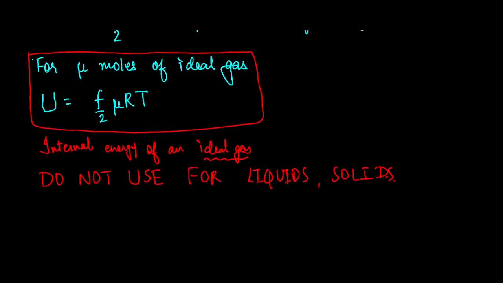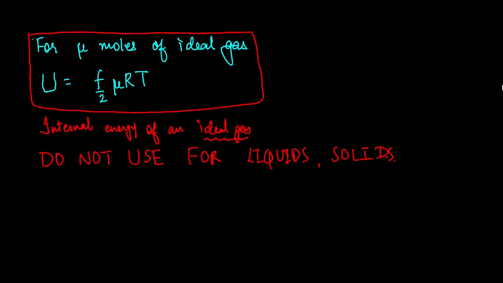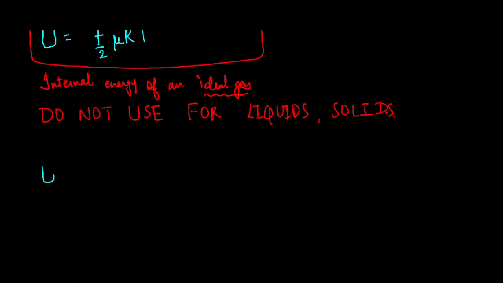Now this is for an ideal gas, so let's convert this formula to another form. The formula is U equal to f by 2 mu RT. Now from the ideal gas equation, PV equal to nRT or mu RT. If you write n for number of moles, no problem. PV equal to mu RT.